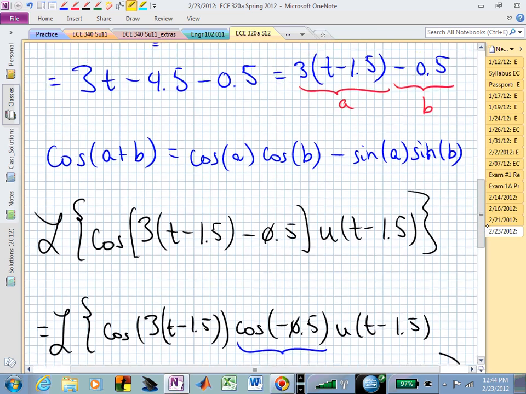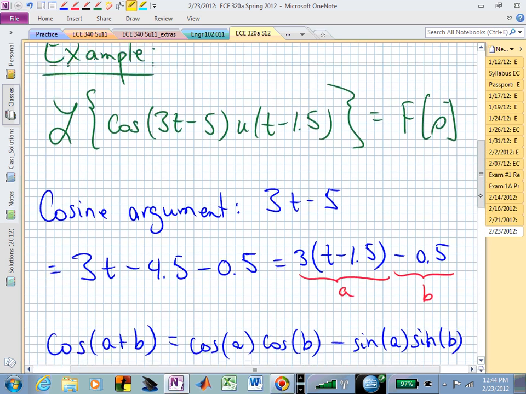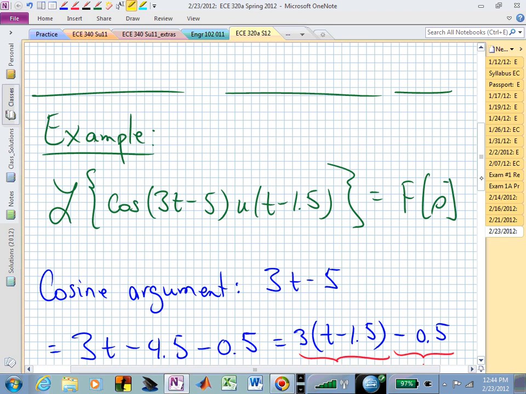I'm not quite sure I'm understanding the question, but we have to make sure if we start with this particular expression, which is where we started, we had a 3t minus 5 and a u of t minus 1/2. We need to factor out this t minus 1/2 in the argument of cosine and then figure out what we can do with what's left over.